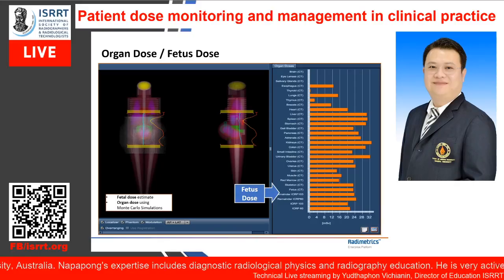Normally, when we calculate the dose, we pick the gestational period, the trimester, and then fit the size of the patient, the depth of the fetus, and the position of the fetus, and the software calculates for you. What you look at is the fetus dose, which is the dose to the uterus of the fetus, and then you get the amount of dose that you want to report to radiologists or referral physicians for further management. If you have this software, it's easy. I'm not here to sell the software, but I'm telling you, it helps you a lot.